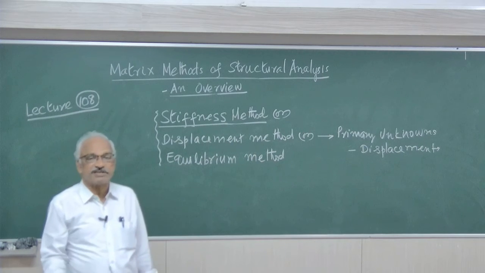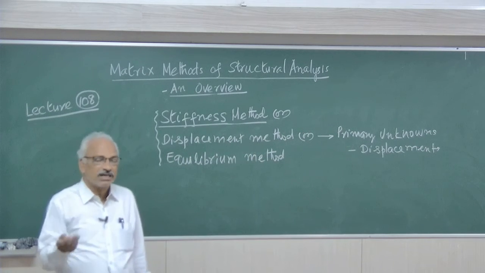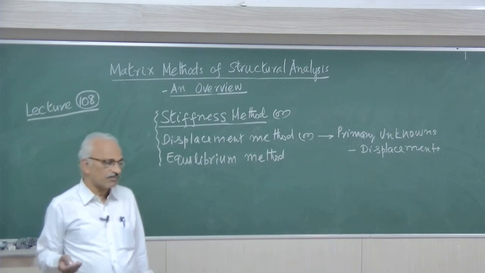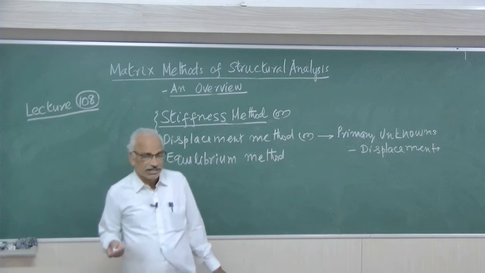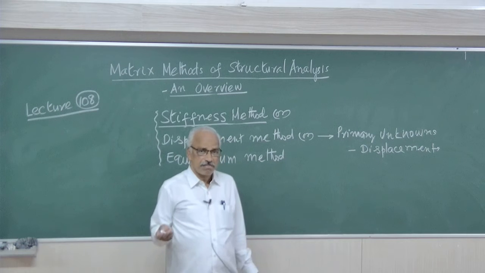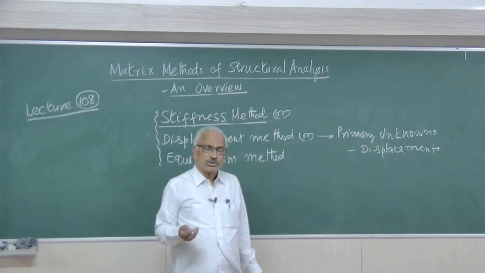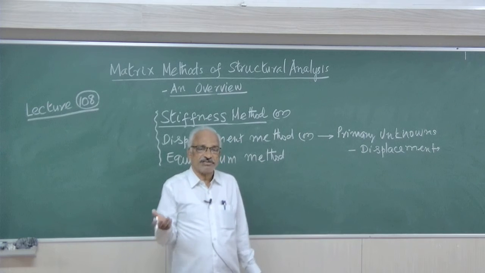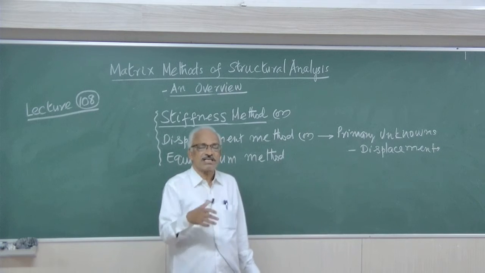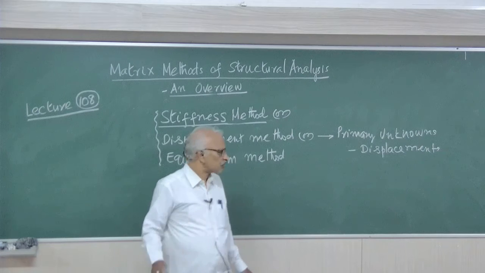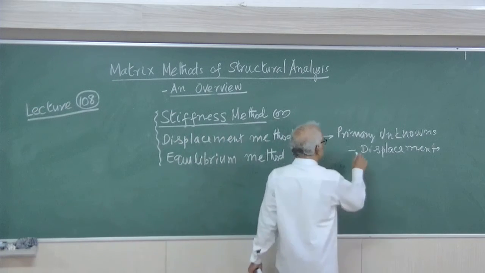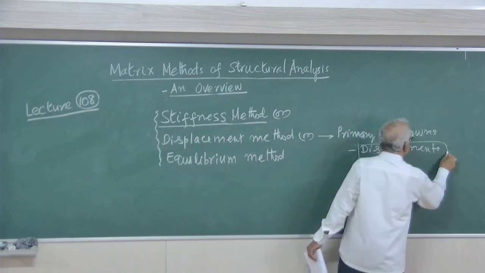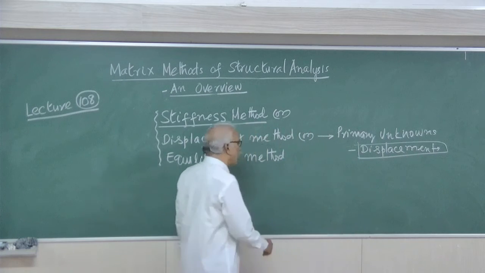From the displacements we get the forces, like in the slope deflection method. In the slope deflection method, the unknowns are thetas and deltas. Substituting the values of theta and delta in the slope deflection equation, we get the final moment. Same thing here. So the primary unknowns are the displacements. Therefore, the method is called the displacement method.